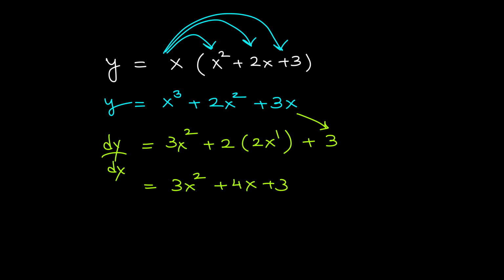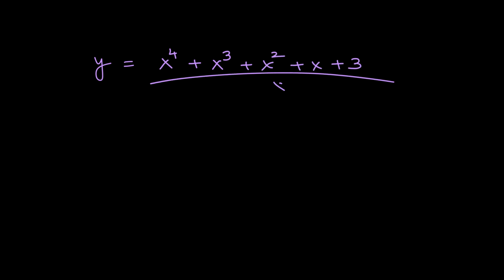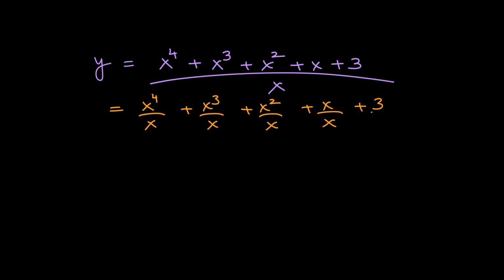Some more examples. Something like y equals x^4 plus x cubed plus x squared plus x plus 3, all divided by x. So we have to divide it out. x^4 over x, x cubed over x, x squared over x, x over x, plus 3 over x. Simplify it further: x cubed, x squared, x to the power 1, simply a constant 1, and this is 3x^(-1).